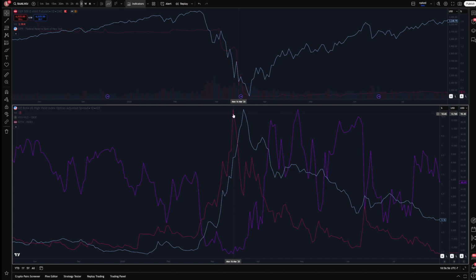This is interesting to me. VIX reverts here, and then the credit spread doesn't revert until later. Isn't that funny? I'm wondering, let's check with the ETFs. How do I do that?